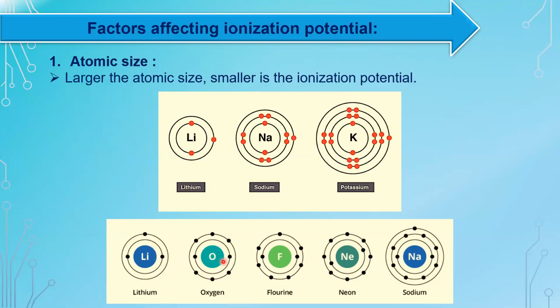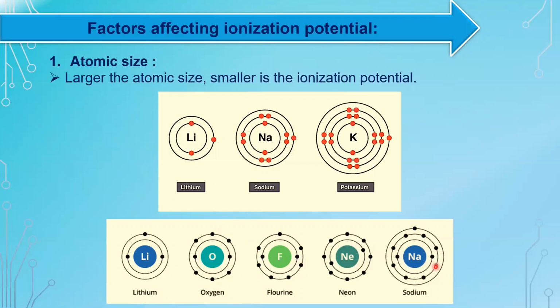Next, you can take a few examples: oxygen, fluorine, neon, as well as sodium. Lithium is 3, oxygen 8, fluorine 9, neon and sodium. Now, what will happen? Here you can see the number of electrons increasing in the same shell. But here you can see the atomic size has increased.